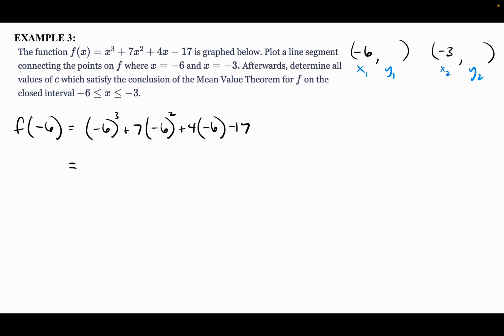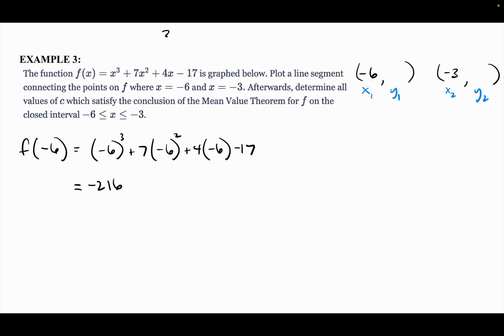Okay. -6 times -6 times -6. -198, I think. 216, actually. 216, yeah. 7 times 36. 2, carry the 2, 252. 36 times 7, carry, yep, 252.